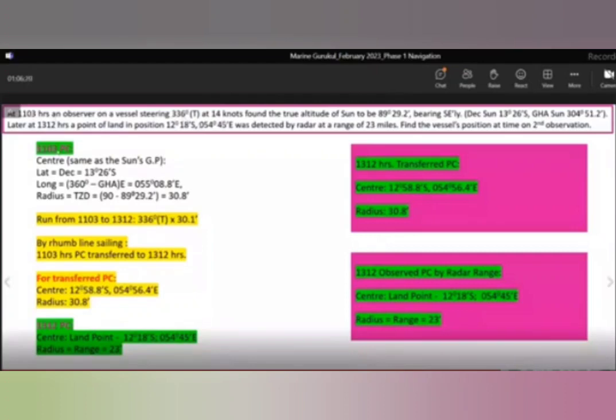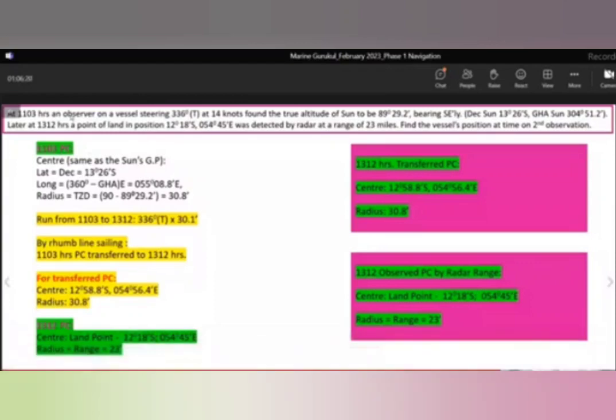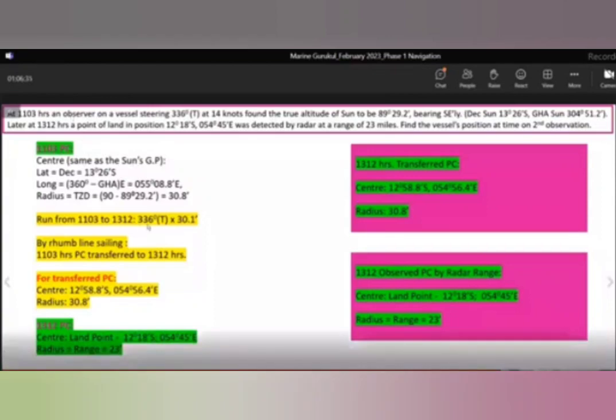So if we want to transfer this position circle, we have to apply our course and distance to the center of the PC, right? Yes, sir. Okay. So we have a course of 336 and the distance covered from 1103 to 1312 with a speed of 14 knots is 30.1 miles. So this is the course and distance which we have to apply to transfer the PC.